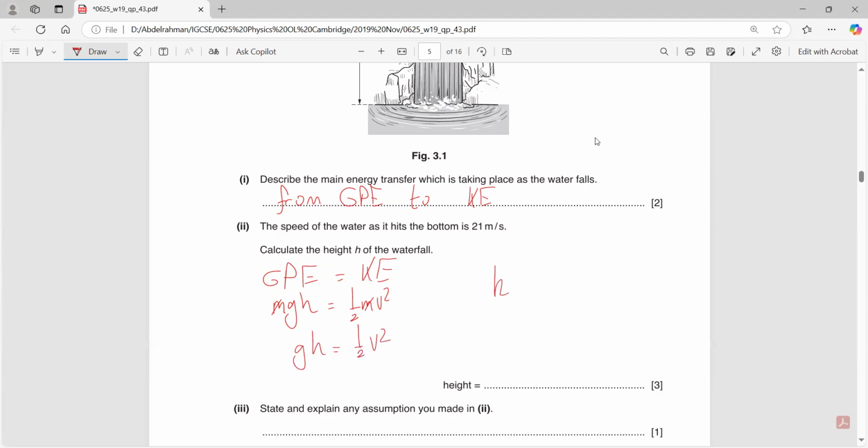The height would be equal to v squared over 2g. 21 squared over 2 times 9.8 is 22.5 meters.